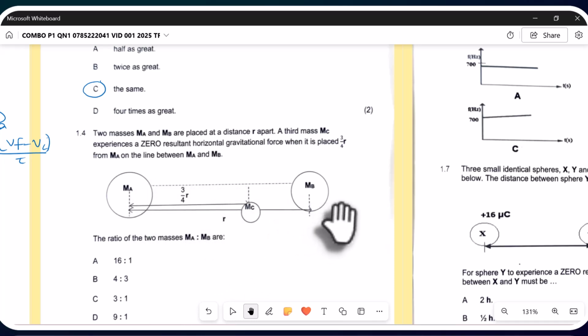I repeat, the two masses MA and MB are placed at a distance r apart.